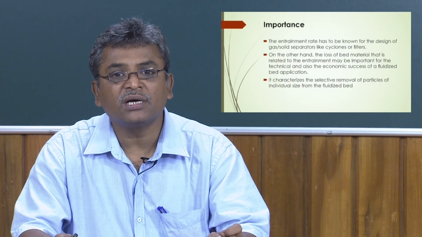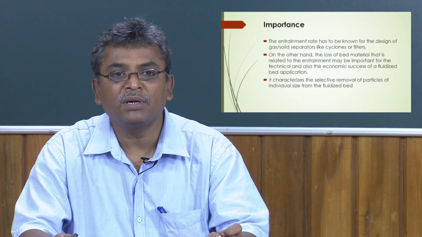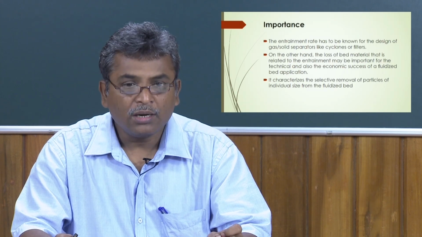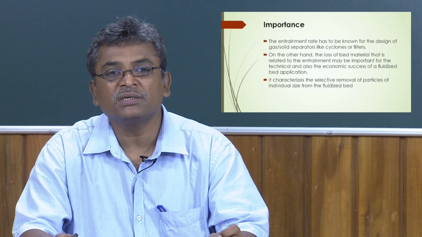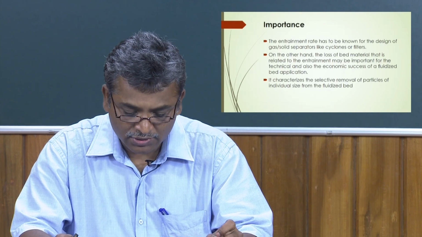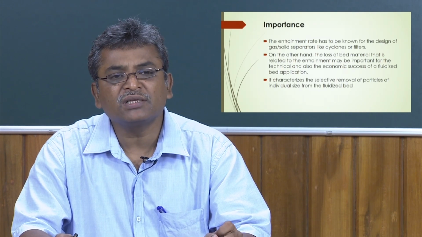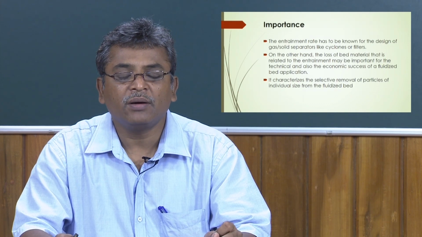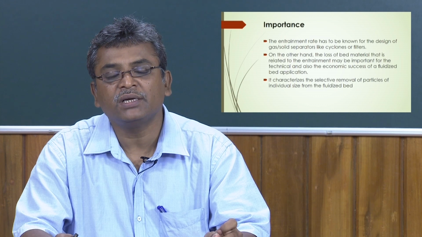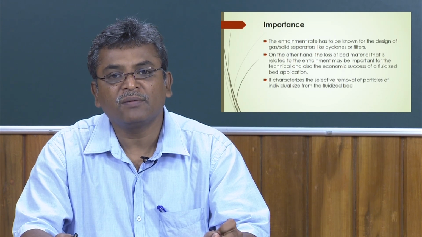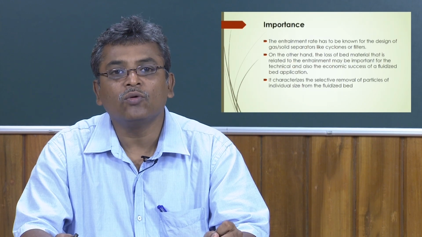In that case the very fine particles will come out easily relative to the coarser ones. But for coarser particles, the strength of the particles is the main factor. If the strength is not enough, the coarser particles sometimes, by their individual interactions, may form finer particles, and then they will go up.